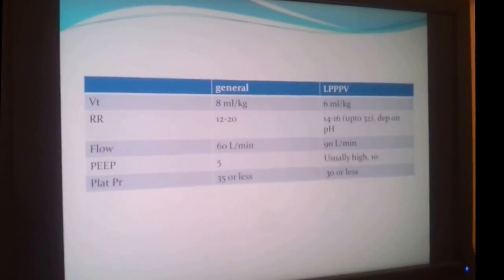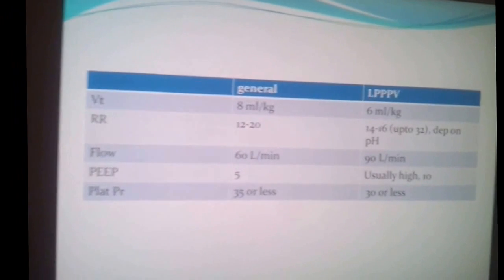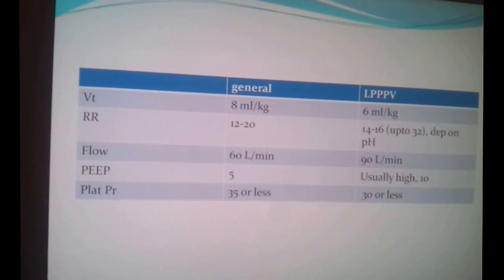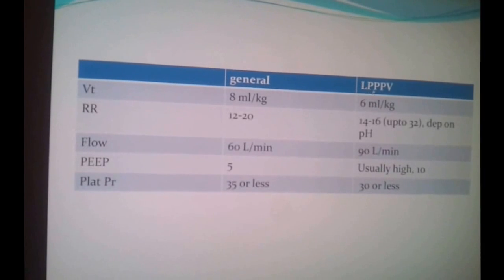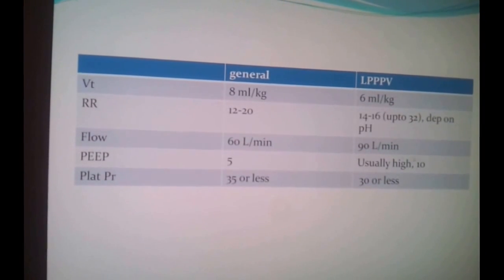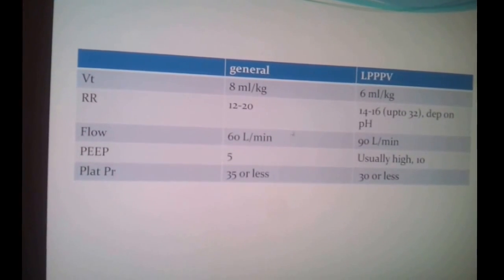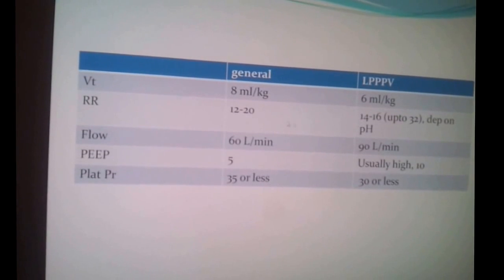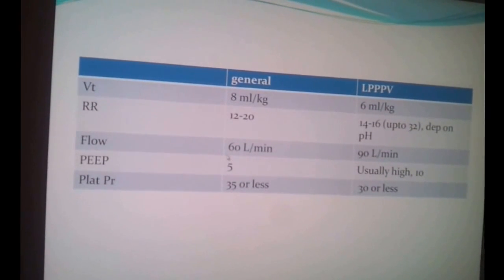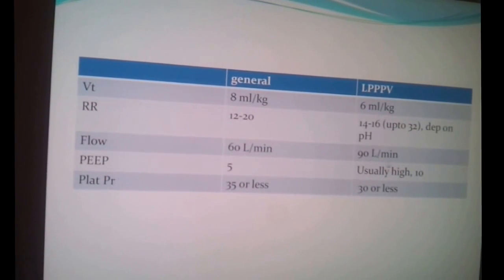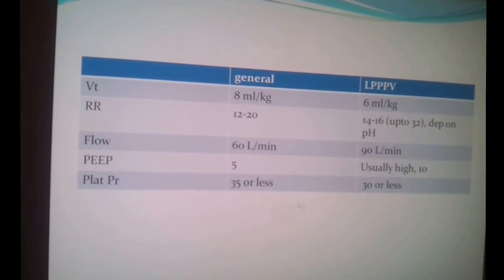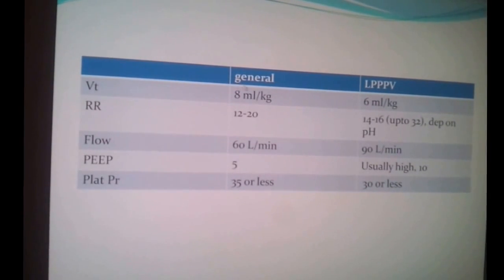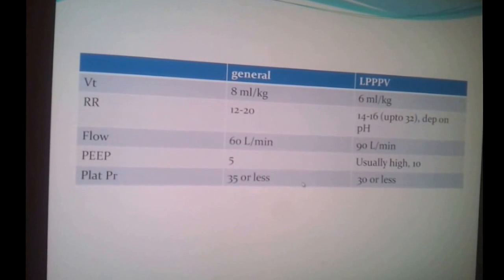So this is just a slide showing you what we mean throughout the slides by giving general or lung protective positive pressure ventilation. 6 mL per kilo, 8 mL per kilo. Rough guide for rate 12 to 20, 14 to 16. Rough flow guide 60 to 90. PEEP 5, usually up to 10. This is an extremely rough guide.